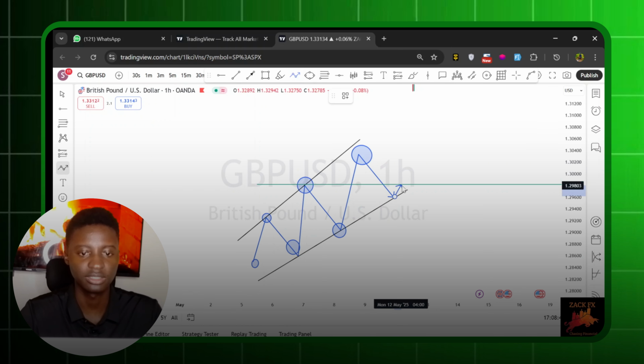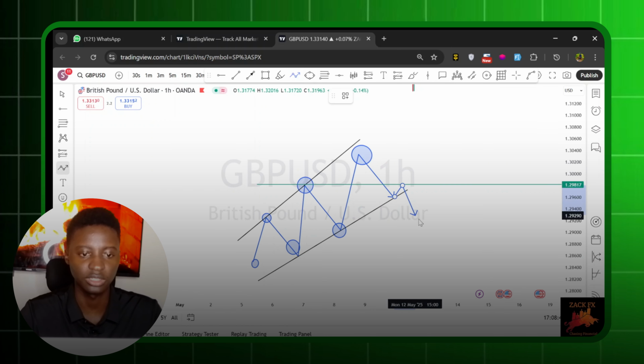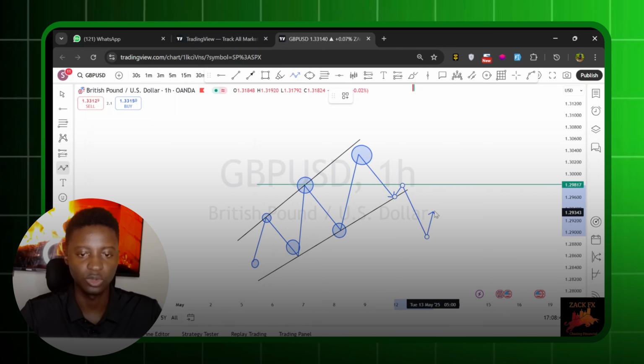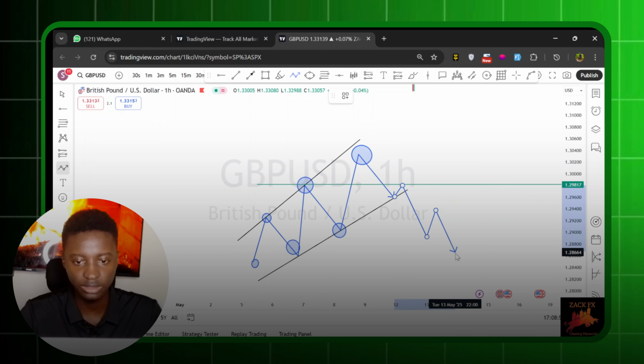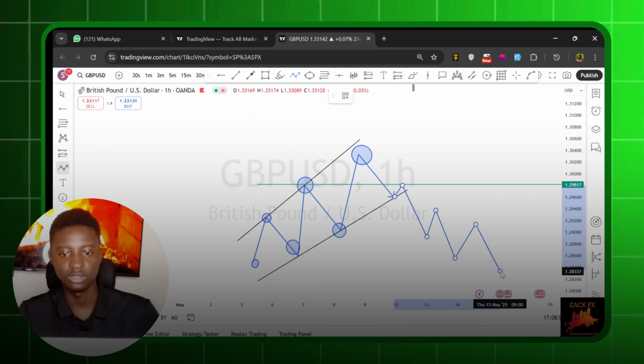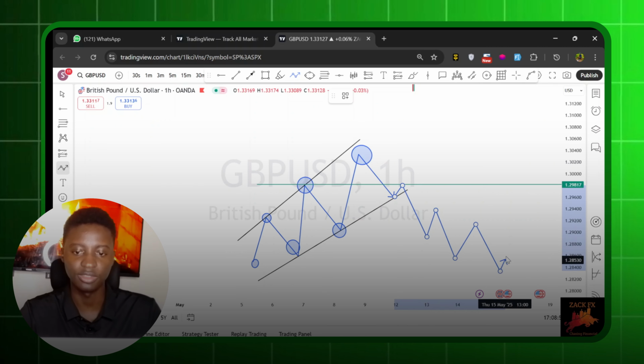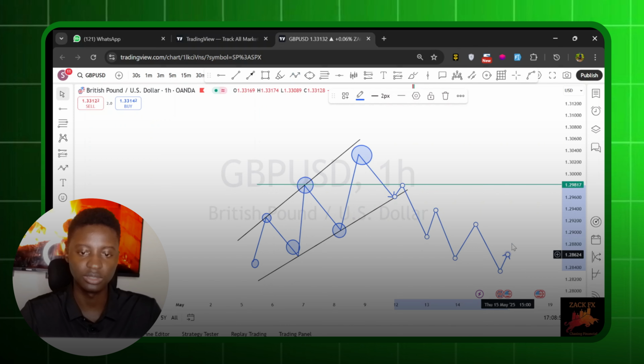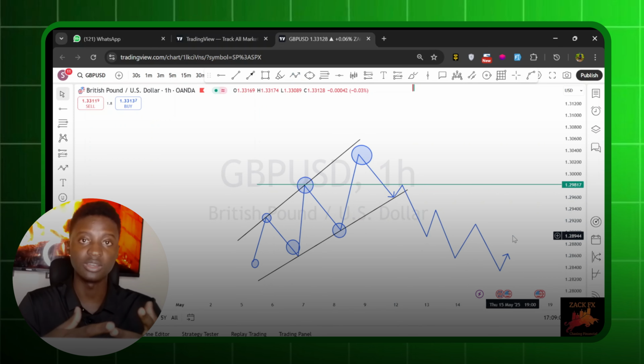If price changes momentum, it will now start making lower lows and lower highs. So these are simply phases of the forex market. Basically, we are talking about the uptrend and the downtrend.